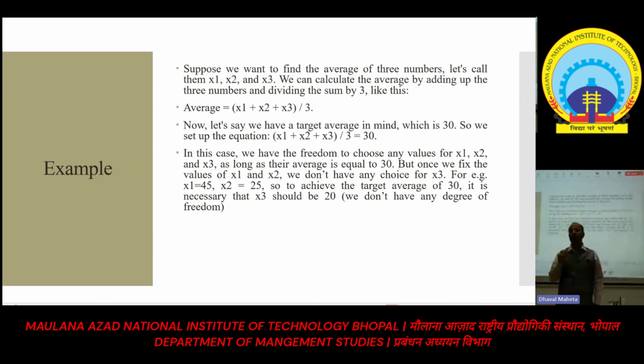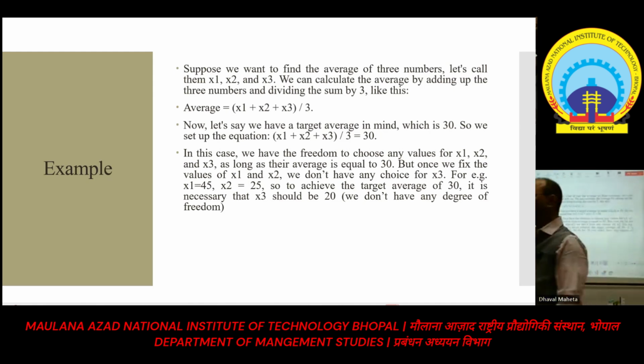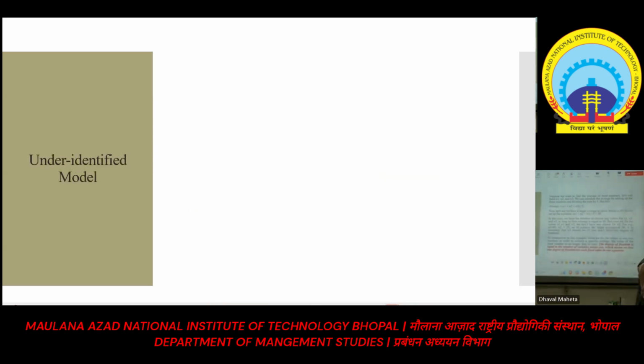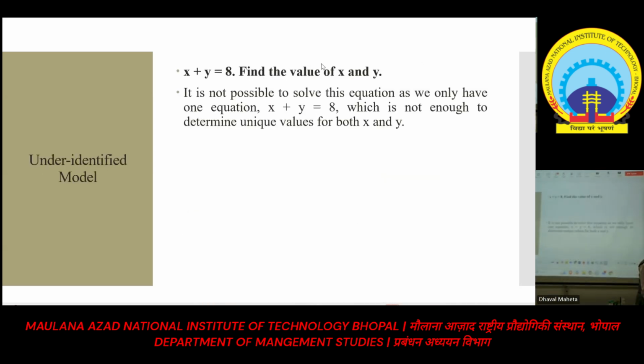So it means that your degree of freedom is equal to the number of variables minus 1. Write it down. Okay. Solve this equation.